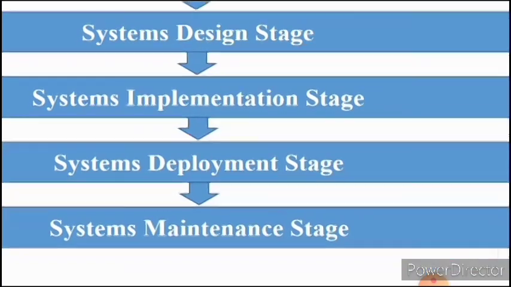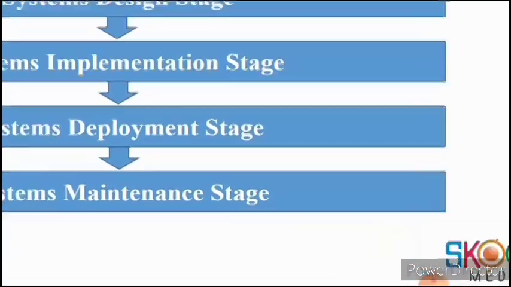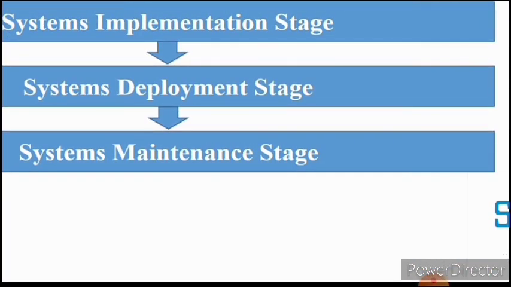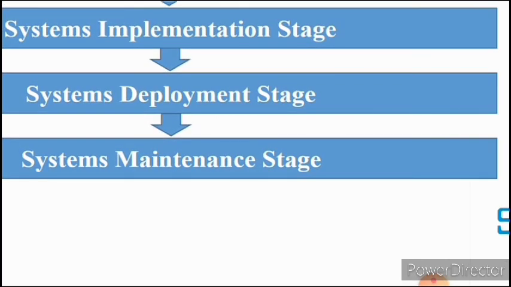The next stage is the system implementation stage, and it is where programs of the new system are written in the specific programming language in line with the system specification. It involves testing of all aspects of the new system, and adjustment and correction are made where necessary.